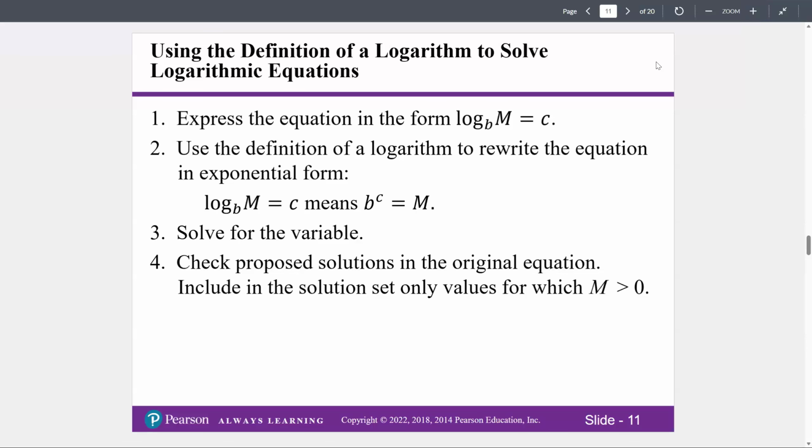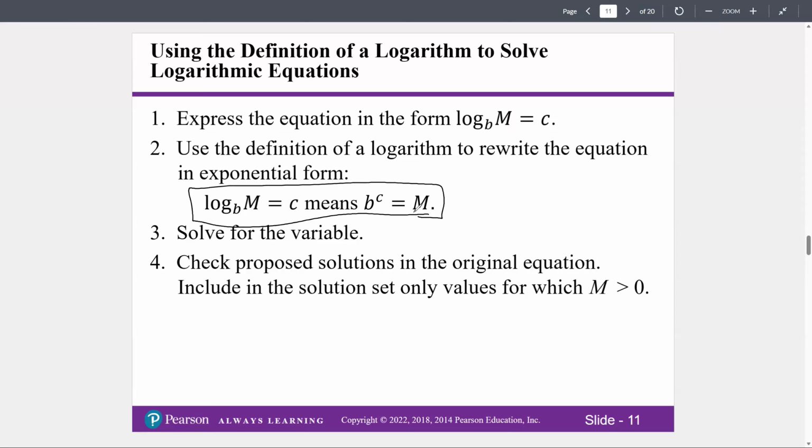So now we're going to work on solving some logarithms. So we want to express a logarithmic equation in the form of log base b of m equals c. We're going to use the definition of a logarithm to rewrite the equation in exponential form. So log base b of m equals c means b to the power of c equals m.